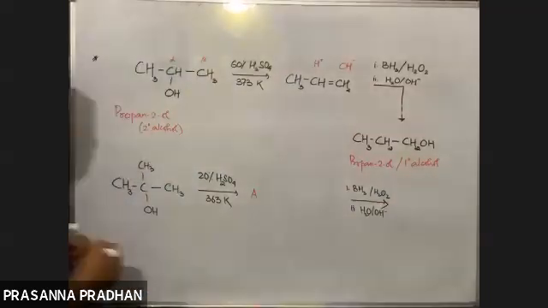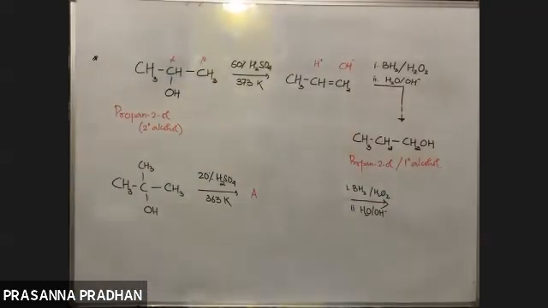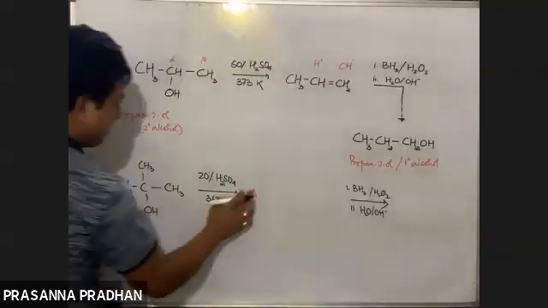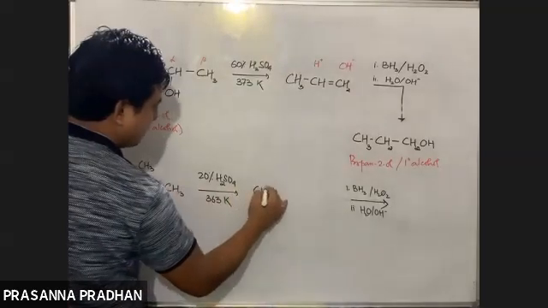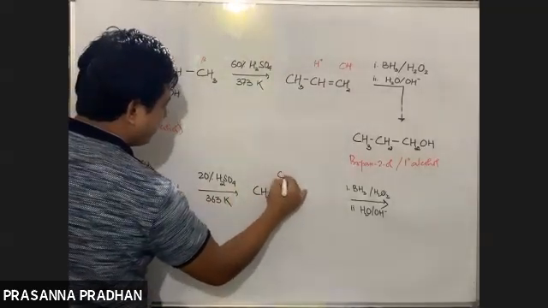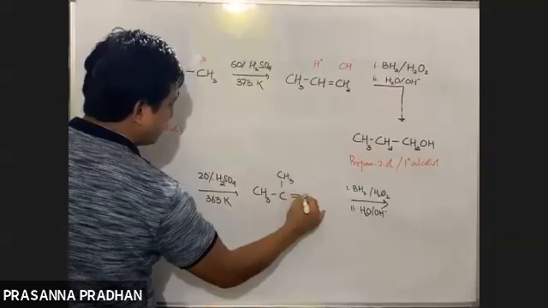Predict the product now. So A would be 2-methyl propene. Yes, again alpha carbon C-OH, beta carbon C-H. In between alpha and beta, we get a double bond. Very good. And B would be tert butanol.